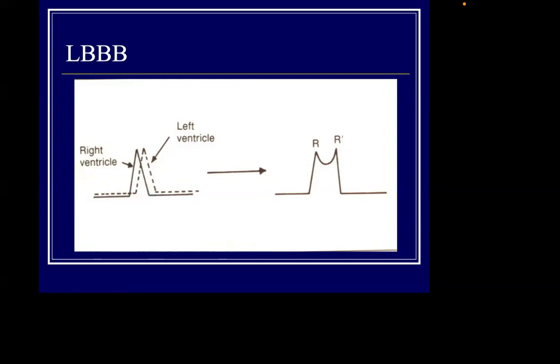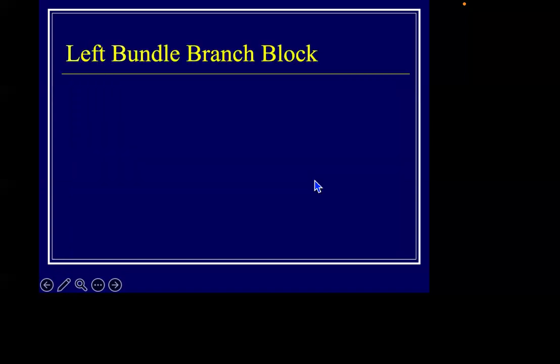Usually in RBBB the left ventricle comes first, followed by the R wave of the right ventricle activation. In LBBB the first is due to right ventricular activity, and the next is due to left ventricular activity, and this is the M shape that you see in left bundle branch block.